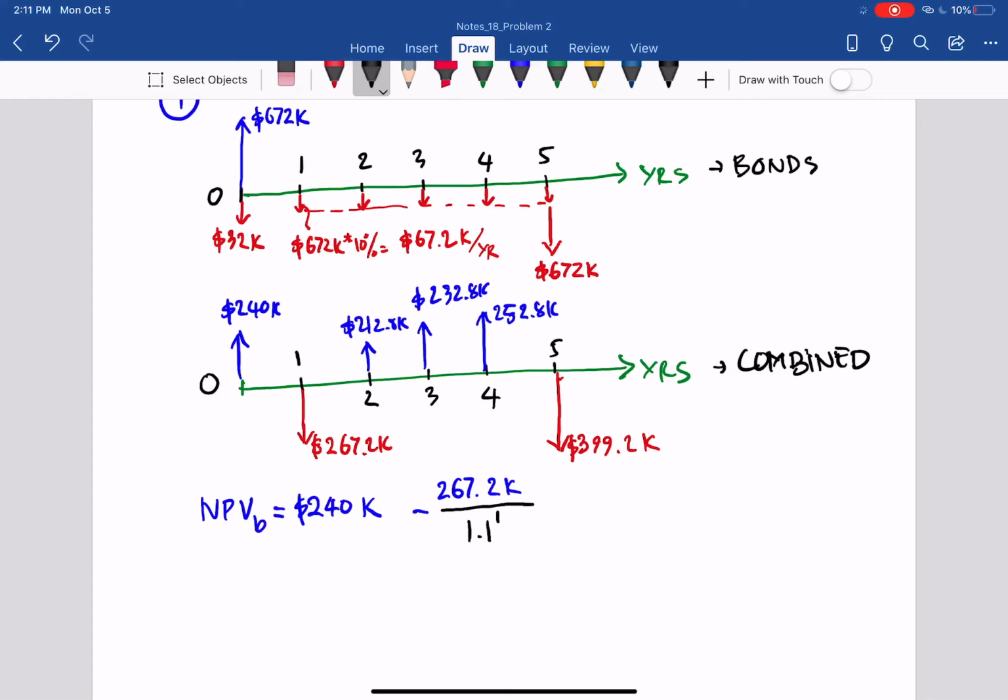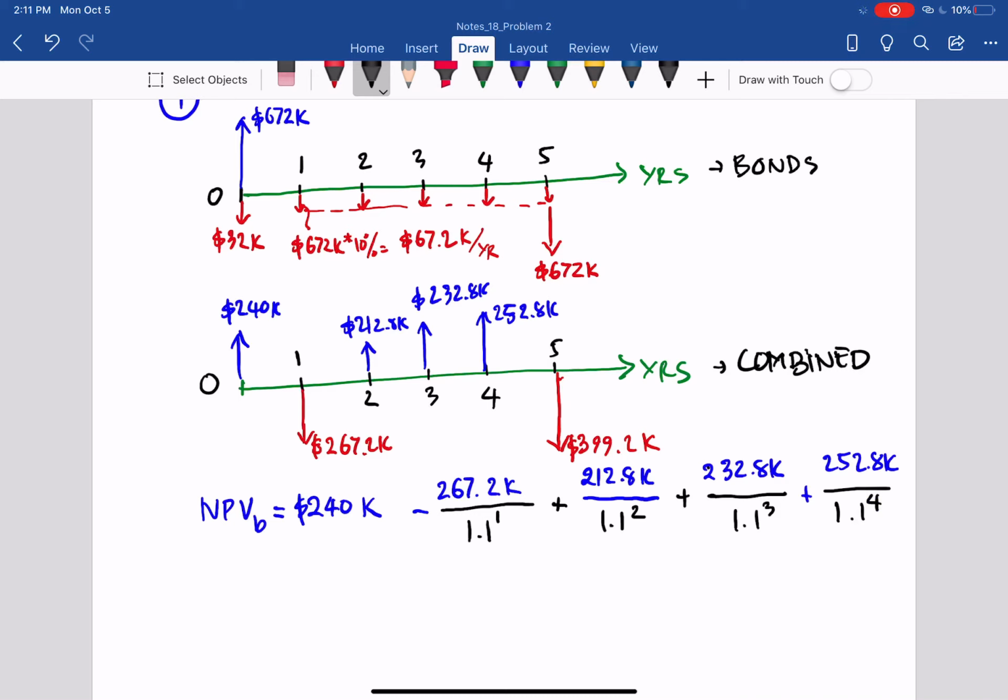And then plus we have 212.8K divided by 1.1 power 2. Similarly, we have 232.8K, 252.8K with the discount 1.1 power 3, and 1.1 power 4.